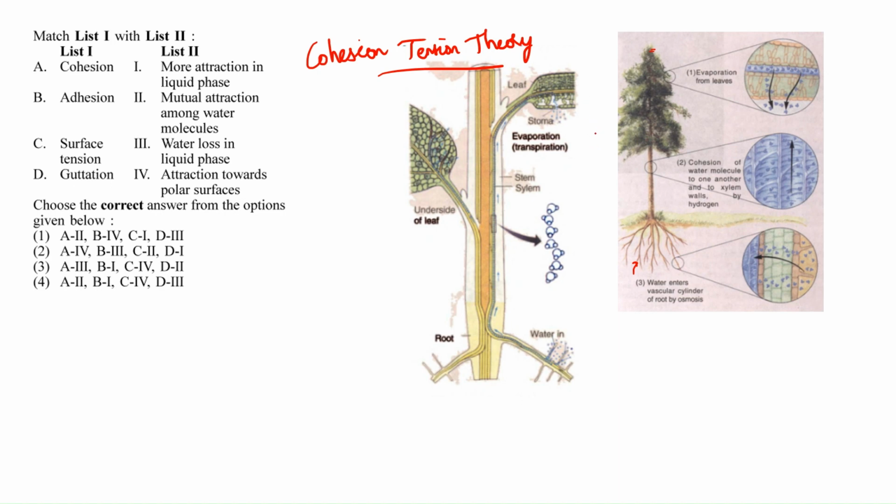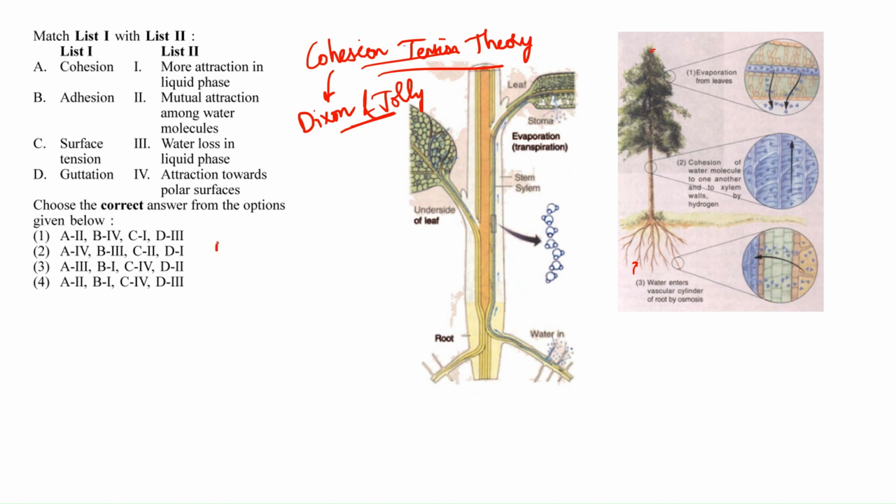In the cohesion tension theory proposed by Dixon and Joly, it's explained how the transportation occurs against gravity. When water molecules have to move from the roots all the way up against gravity, they should go in a column without breaking.